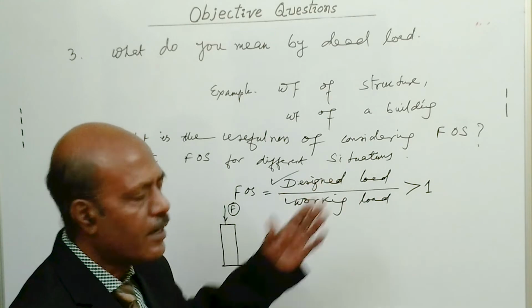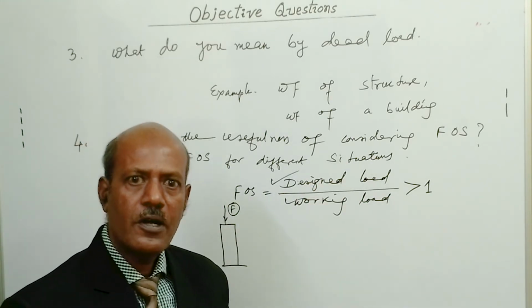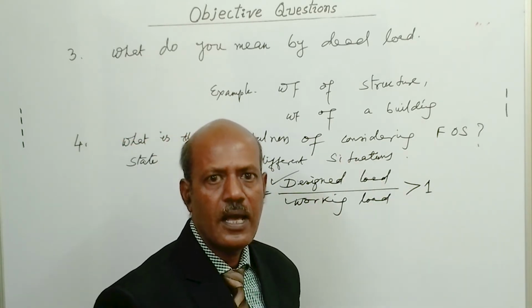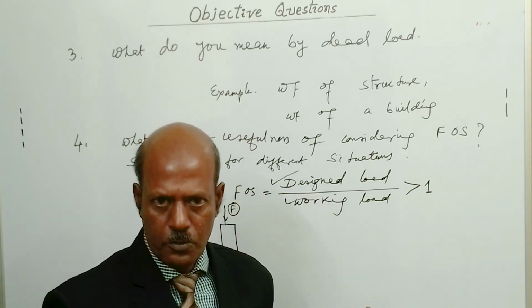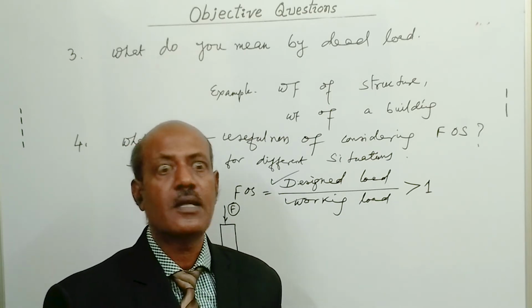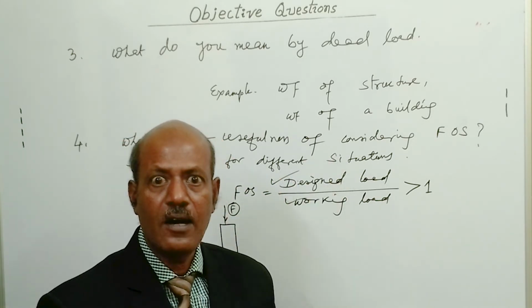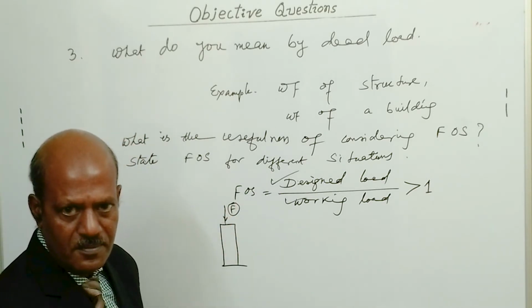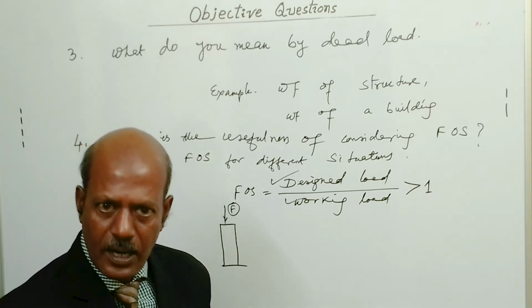Now if factor of safety is not considered, then the body may fail at any time. If it is taken less, then the probability of failure of the body will be more. But if we consider more factor of safety, that means the cross sectional area of the body or the member will increase, thereby the cost of the product will go high.